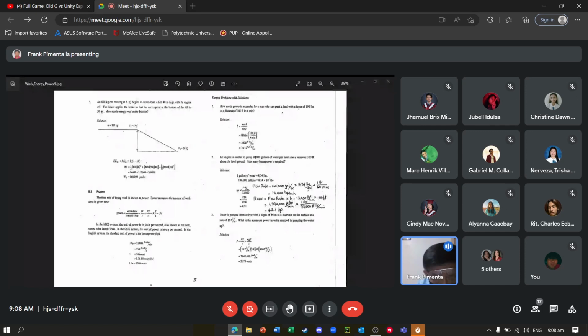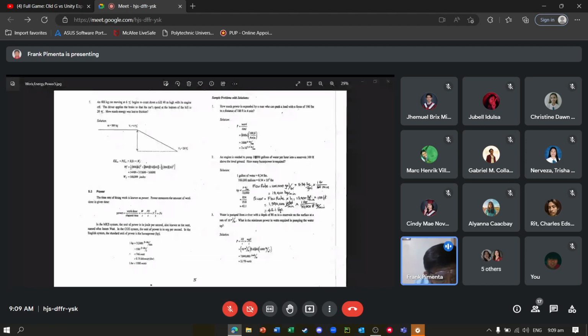How do we manage power? The unit of power is expressed in the three systems of units. If the given units in the problem are in meter, kilogram, second, the MKS system, the unit of power must be joule per second, or watt, W-A-T-T, because 1 joule per second is equal to 1 watt.